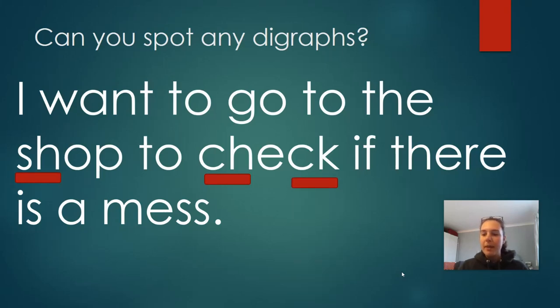We've got the big noisy k, k, a curly k and a kicking k together make the k sound. We've got this one. Now, I'm not sure if we've done this one, but it's a t and a h together make the th sound. And the last one we've got is a s and a s together make one big loud s. Brilliant. Well done if you managed to spot those digraphs.